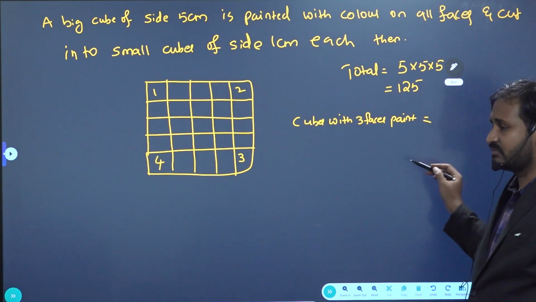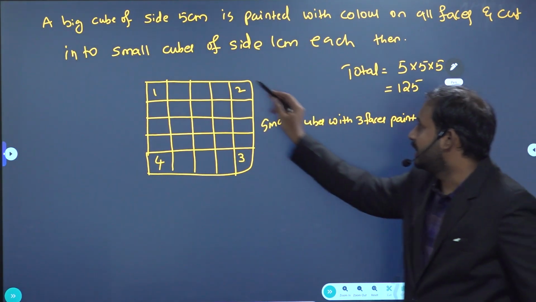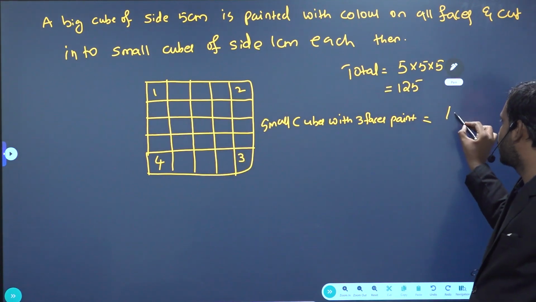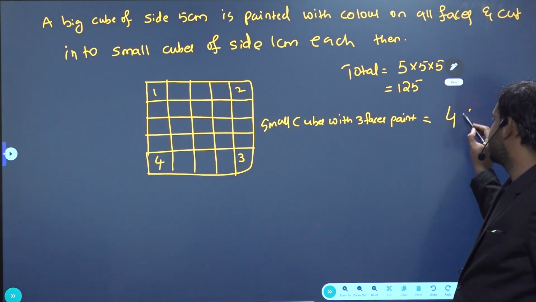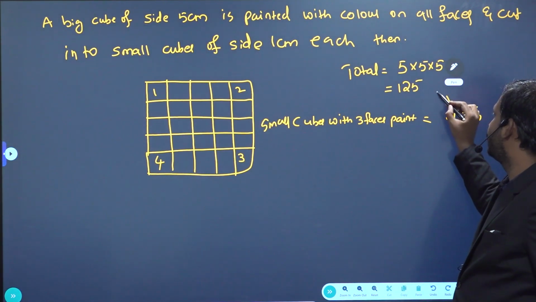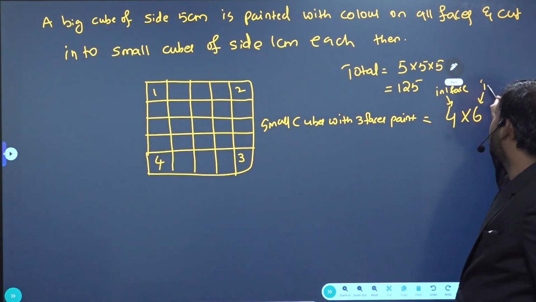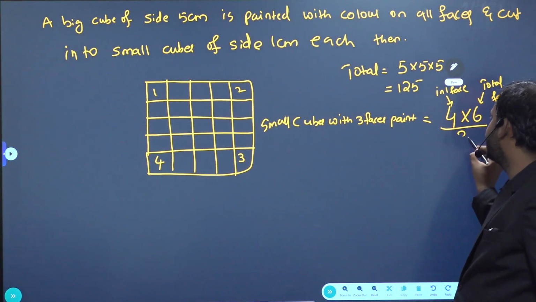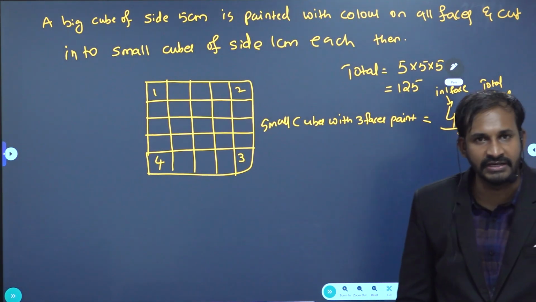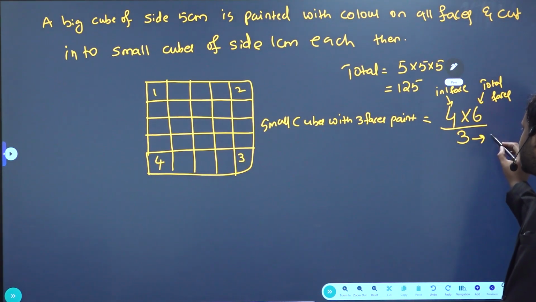So small cubes with 3 faces painted. In this face, how many can I see? 4. Like this, total how many faces will I have? 6. 4 in one face, and 6 is the total faces, and I will divide it by 3. Sir, why are you dividing it by 3? Because 1 corner cube is shared between 3 faces.